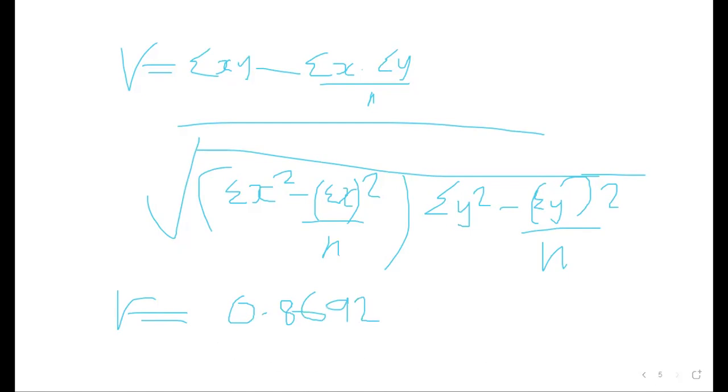So we comment that management should rely because we have a very strong positive relationship between X and Y, because R, 0.8692, is very close to 1.